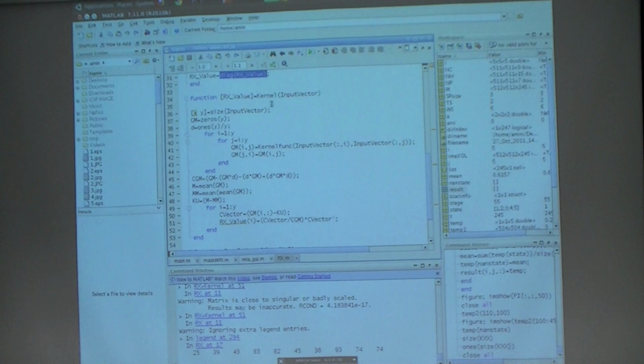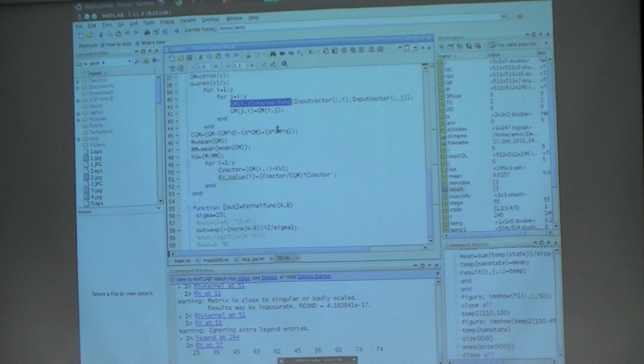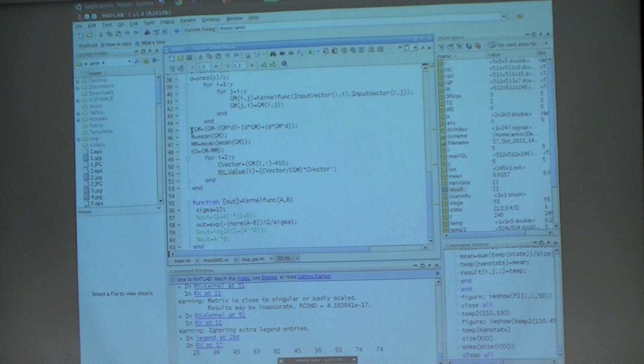In the kernel version, I create a matrix of all of the kernel values, and after that the mean and K hat, and I use different kernel functions.